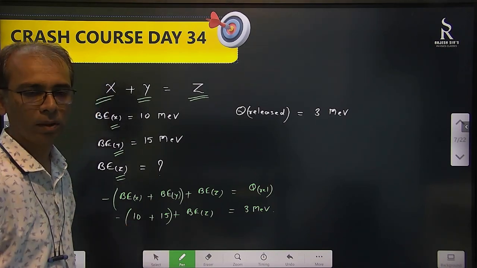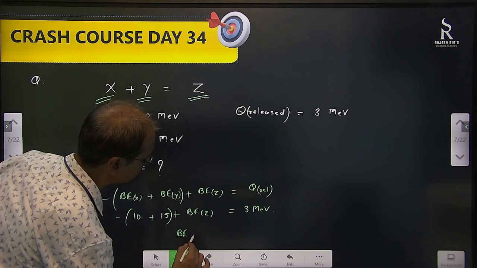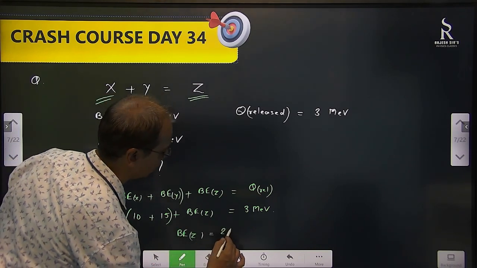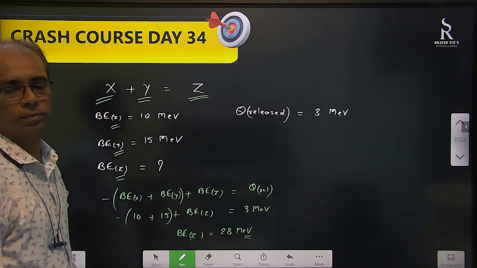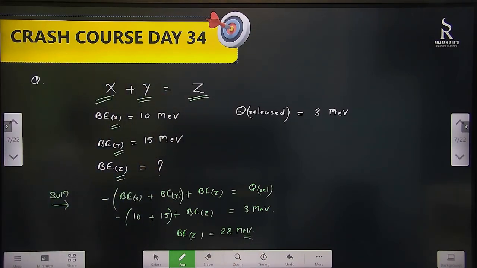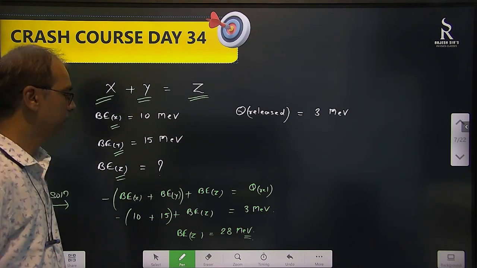Now it's okay. So what is binding energy of Z? Binding energy of Z should be more. So it is 28 MeV. Right? Then let's go for the next.